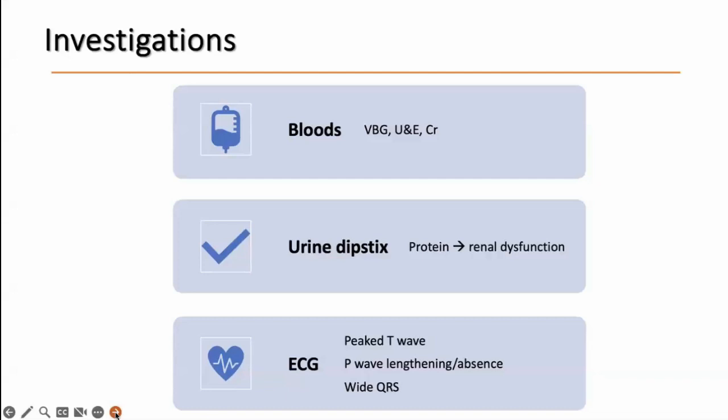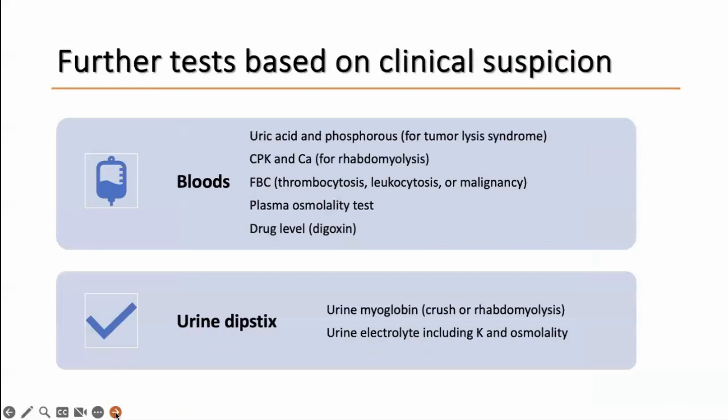And then your urine dipstick, you're looking at if there's any proteins for your renal dysfunction. And of course, the most important, an ECG. So ECG is looking at your peak T waves, your lengthening and eventual disappearance of your P wave, and a widening QRS. We'll look at some examples just now. So those are your basics, and then you can go next slide.